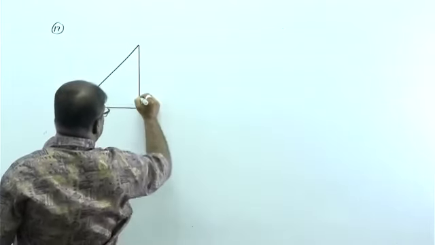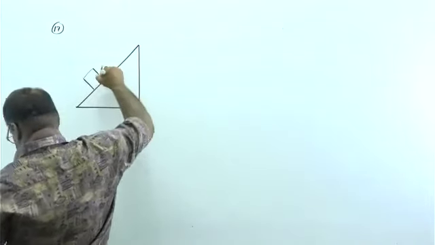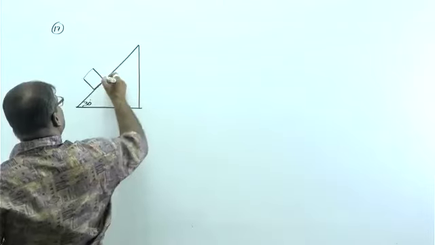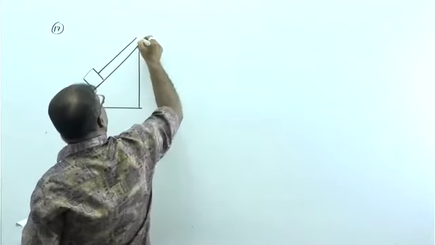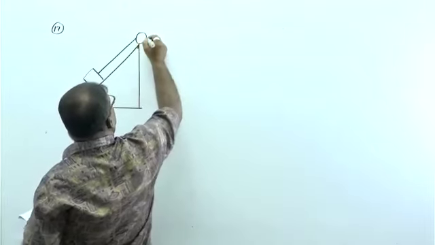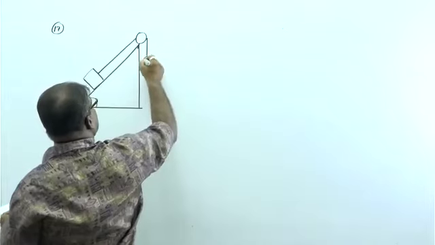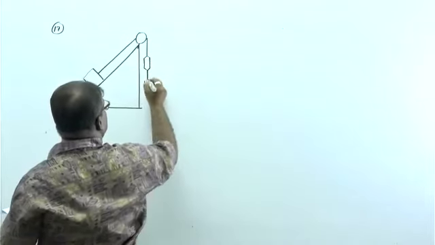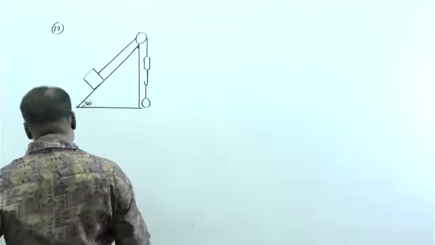It consists of three masses, right? Here we have the first one. Here we have another mass. A spring balance is available with the hook. And here we have another mass, right?